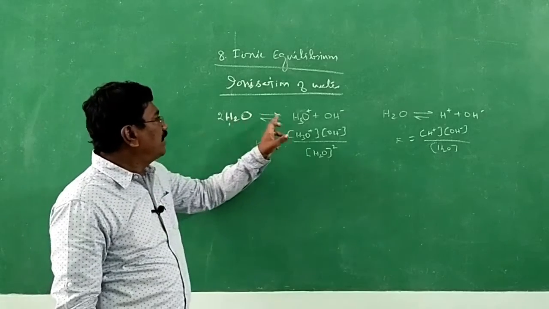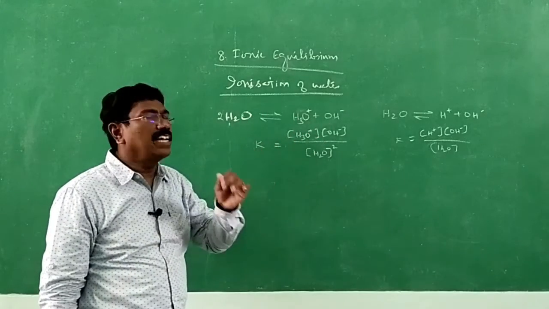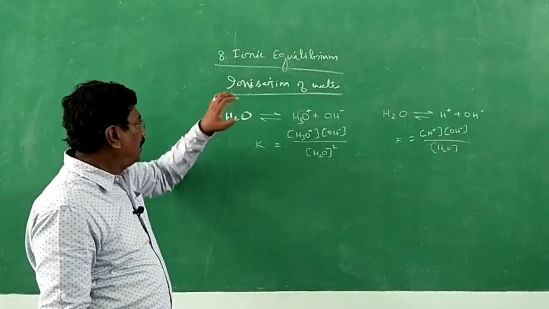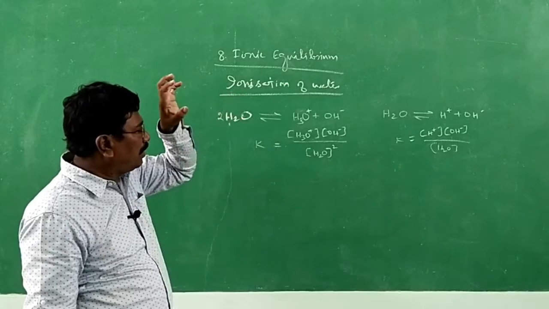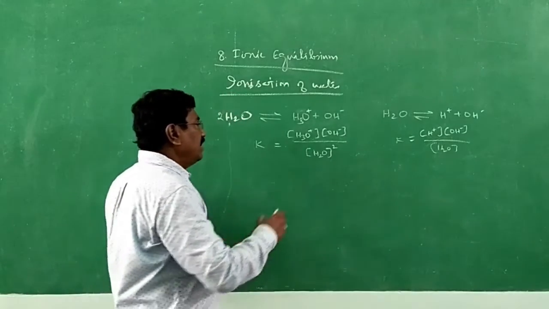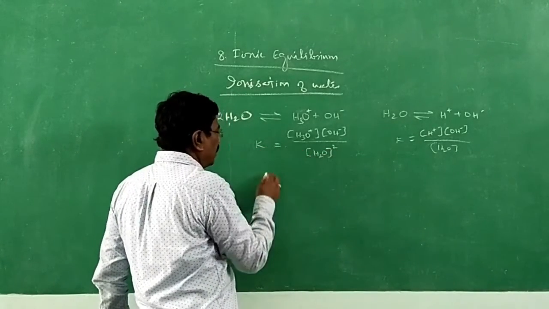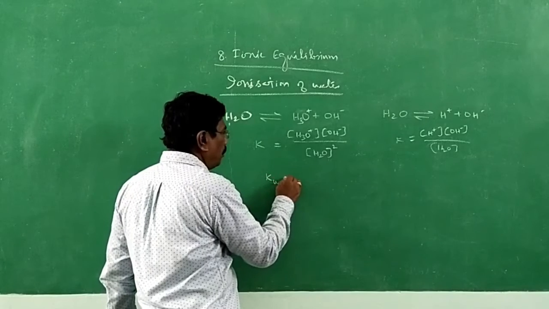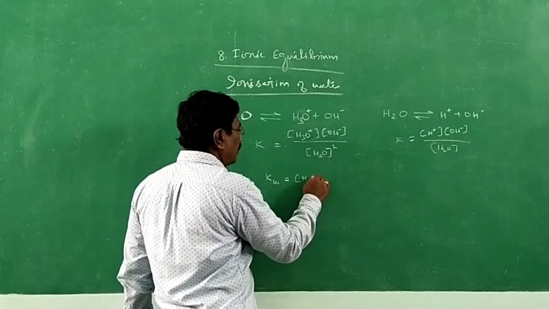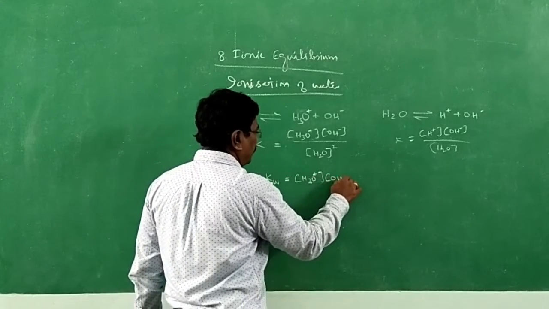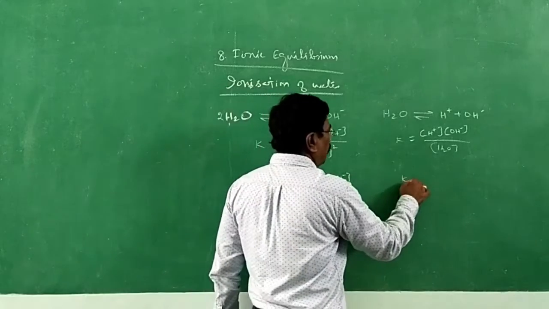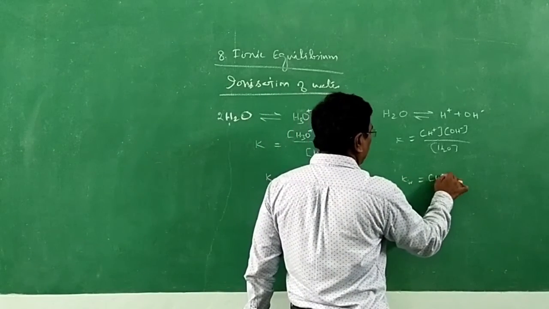The number of hydrogen ions and hydroxide ions which get ionized is negligibly small, and therefore the concentration of water will remain constant. Since it is a constant, it can be combined with this constant to get the ionic product of water. Kw is equal to hydronium ion concentration into hydroxide ion concentration. Kw is equal to hydrogen ion concentration and hydroxide ion concentration.